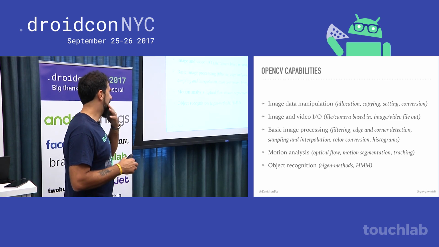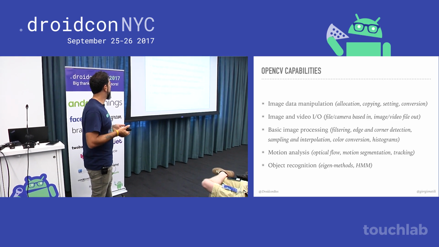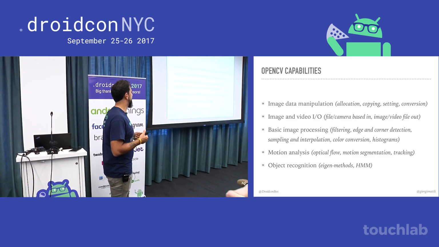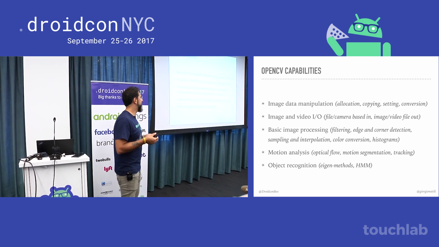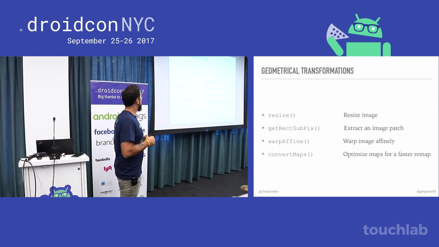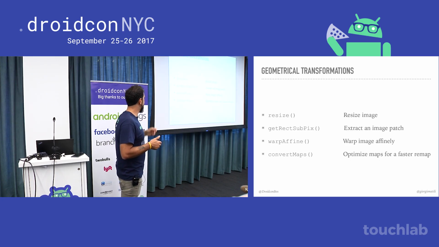The capabilities are amazing. You can manipulate data, you can do motion analysis, you can do object recognition, and you can do basic image processing like filtering, edge and corner detection, sampling and interpolation, and so on. You also can apply several transformations. Among these, there is the resize that we saw in practice in the code snippet in the previous slides.